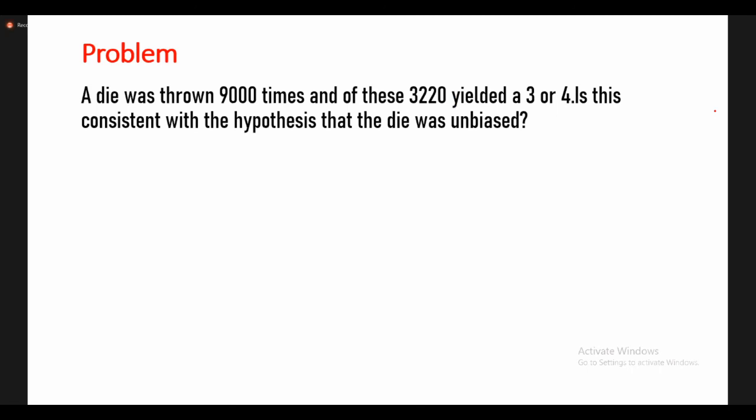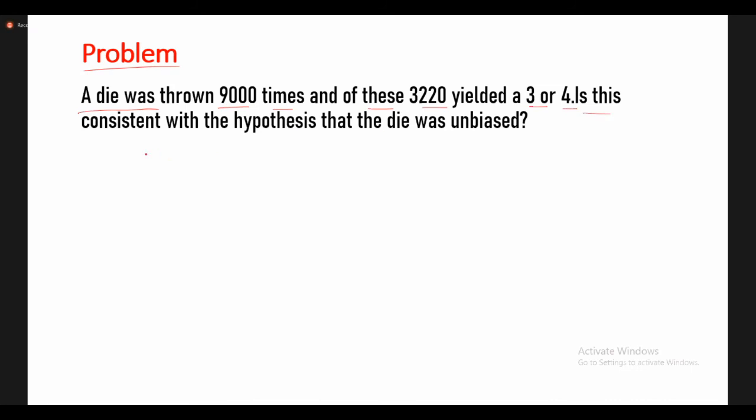Once all of you read this question, tell me which test we have to use. Wait, I will explain this one. A die was thrown 9,000 times, and of these 3,220 times they got 3 or 4.